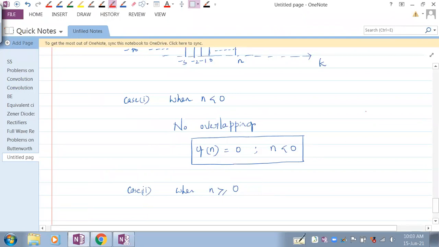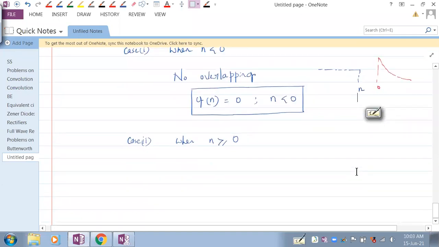One is the decaying exponential starting from 0. Another one is this signal which goes from minus infinity to n. So no overlap, that is when n is less than 0.